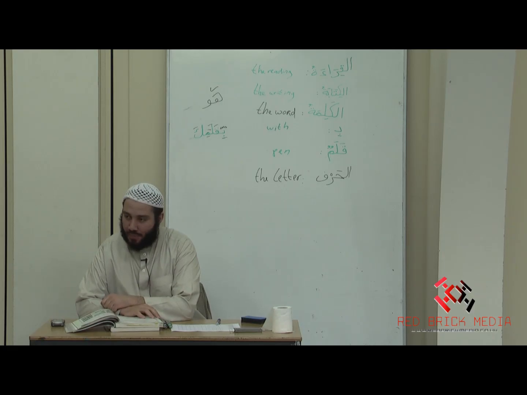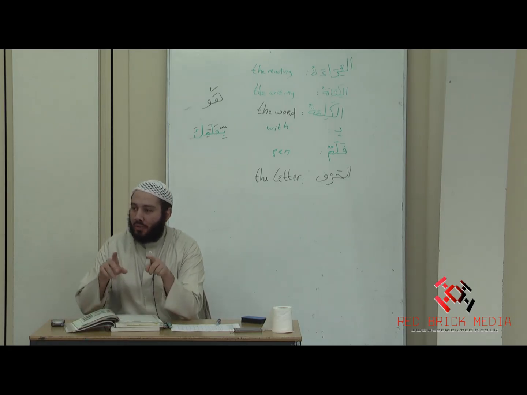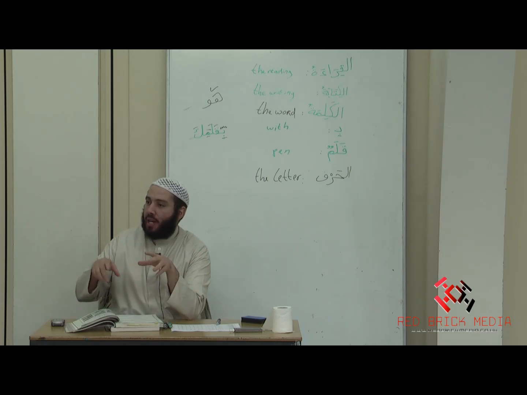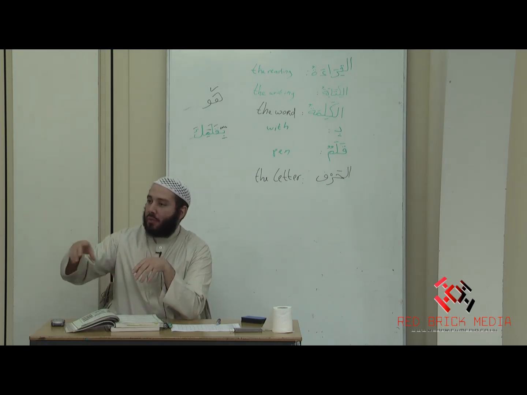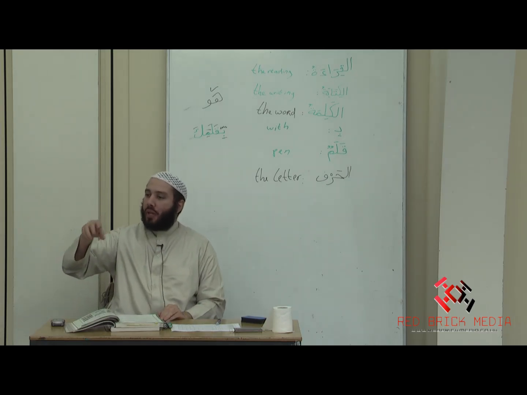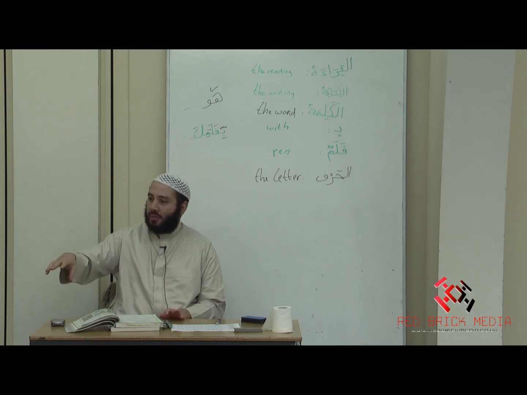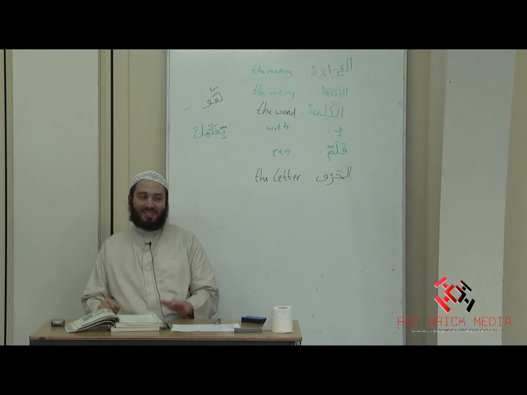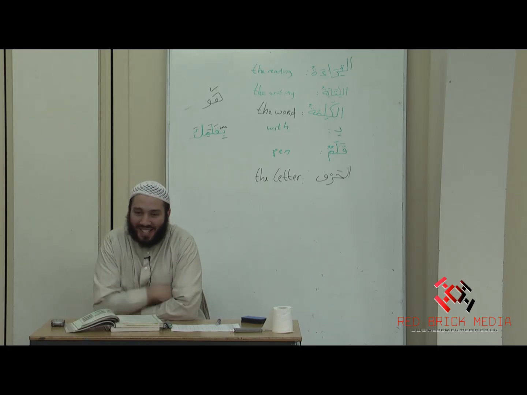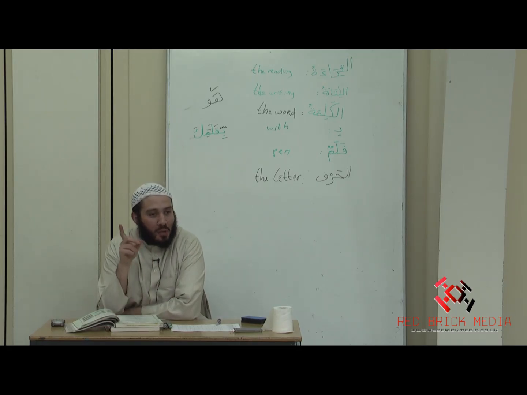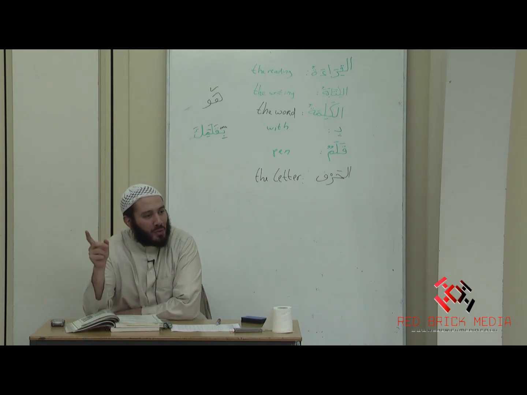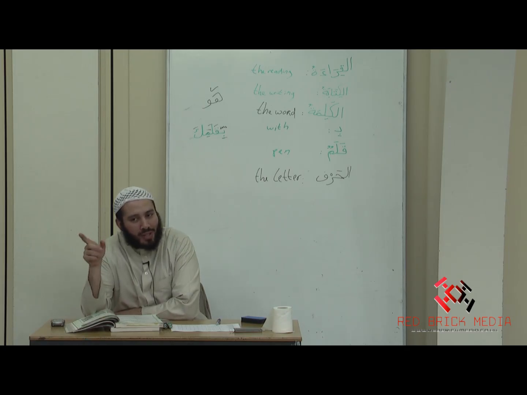Ma'a is also with, but ma'a is for people. I am with him. But when you're talking about tea with milk, you use bi. MashaAllah, very good, very clever. He said, I heard ma'a before, with, before. You said with is ma'a.